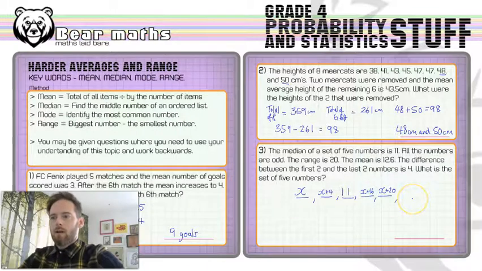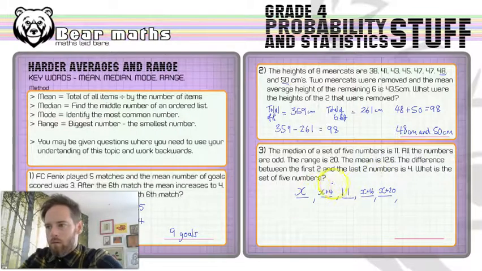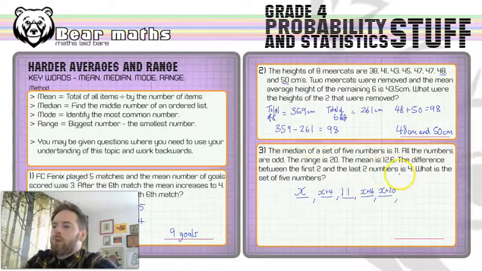Okay, and I'm hoping all of that makes sense. And I've got that information from the question, from the words that are written up here. Now if we were going to work out a mean, you'd have to add all the numbers together, divide by 5, because there are 5 numbers, and then you would get the mean, which is another bit of information that we've got.